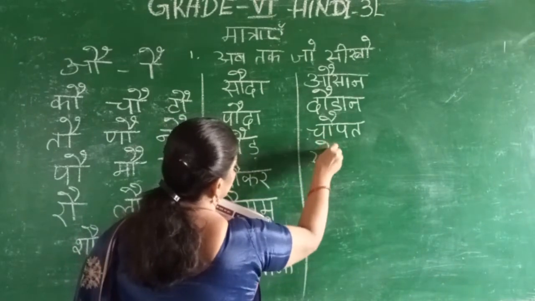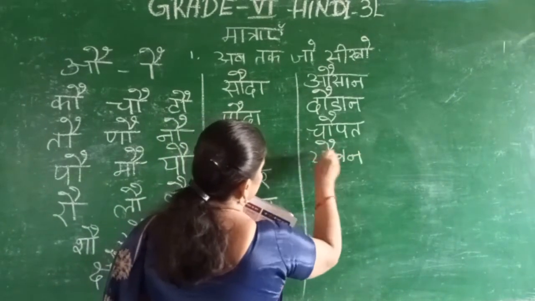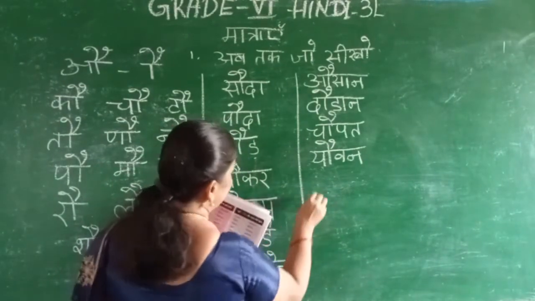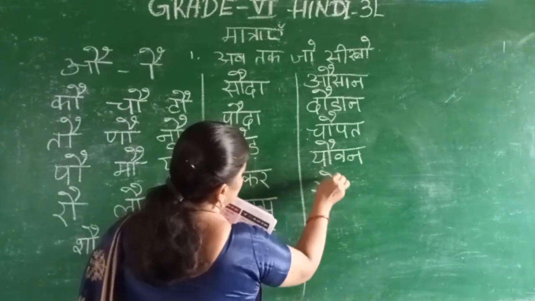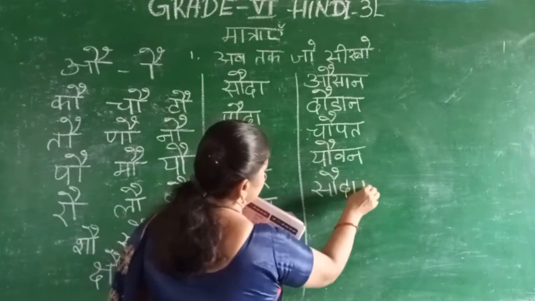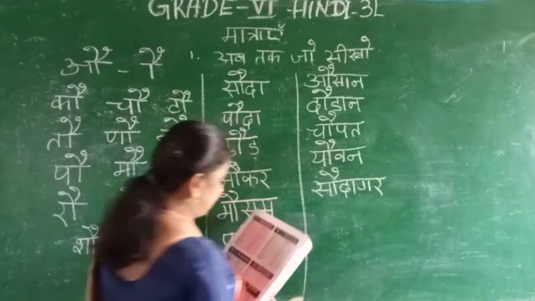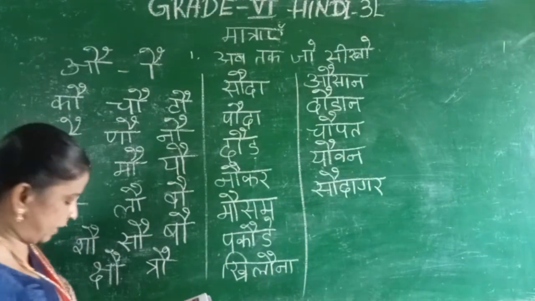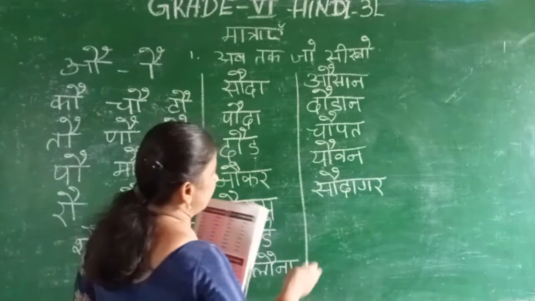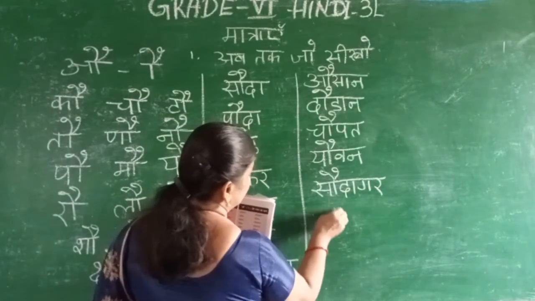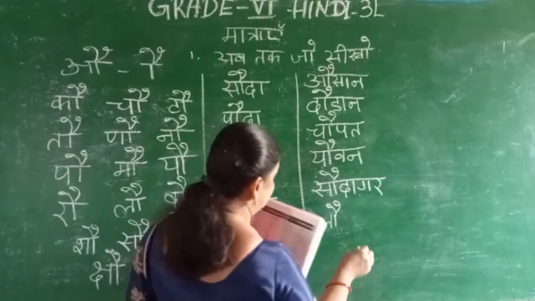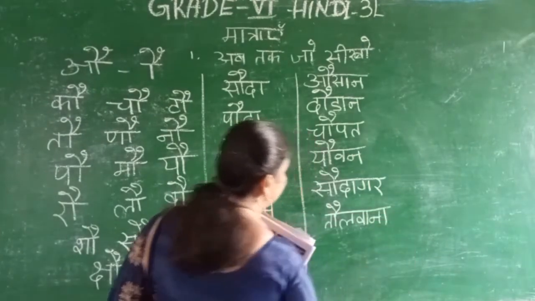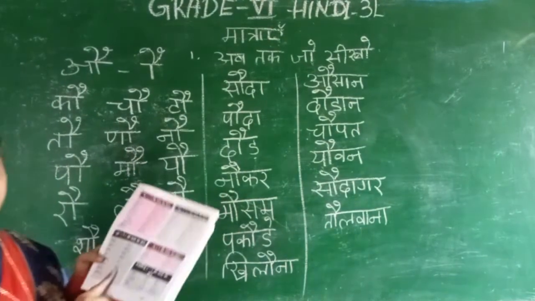Yauvana, yauvan. Next, saudagara, saudagar. And next, you see in the book also, taulavana, taulvana. Listen, some words are also in our book.